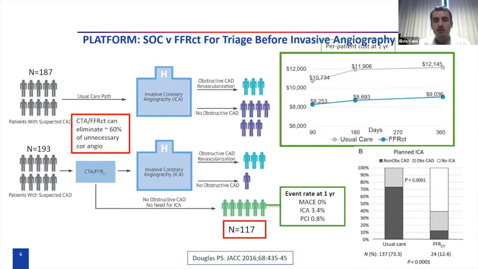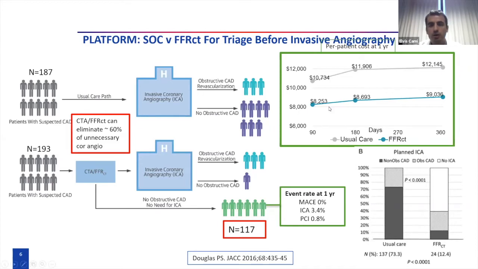So out of the patients that had FFR, there was a 60% reduction essentially in diagnostic caths. And 60% of the caths got eliminated because the CT was more specific, especially combined with FFR, in keeping these patients out of the cath lab.